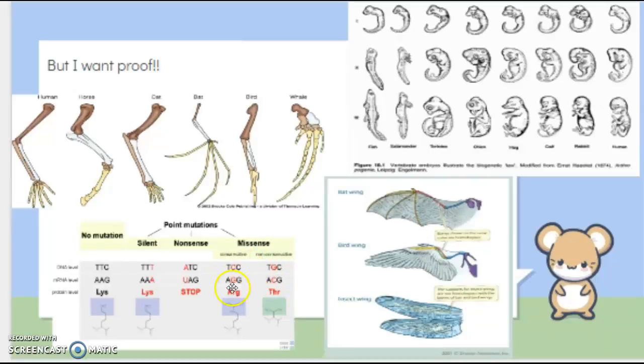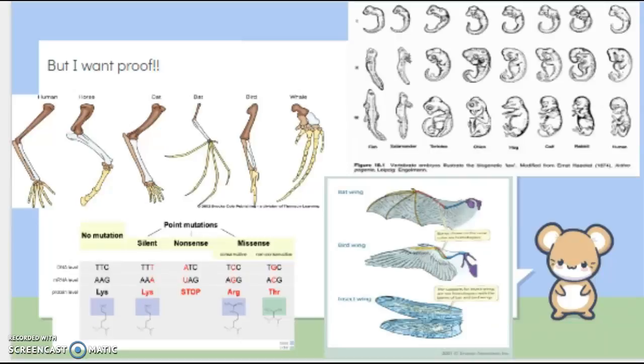And then sometimes we'll have missense mutations, which would be a slight change in the protein code that actually creates something completely different. So this would be an example of something going wrong in the Sonic Hedgehog gene, slightly changing the protein that that gene creates, and all of a sudden you've got 8 or 10 fingers instead of 5 on one hand.